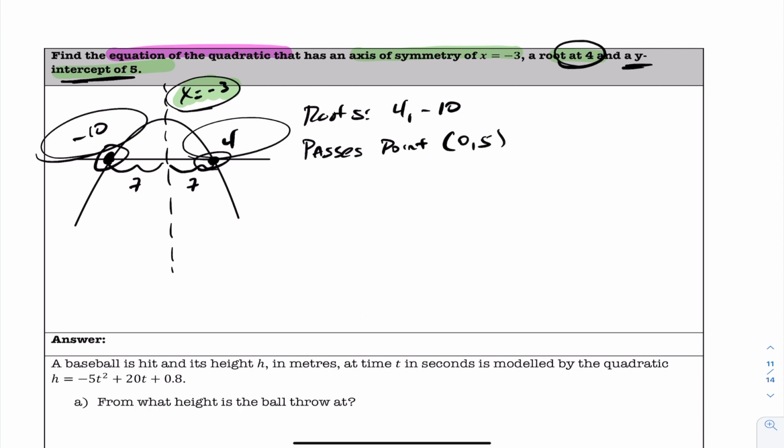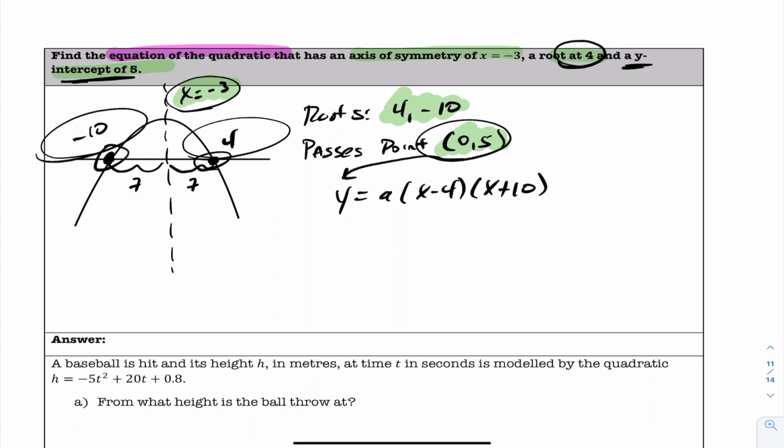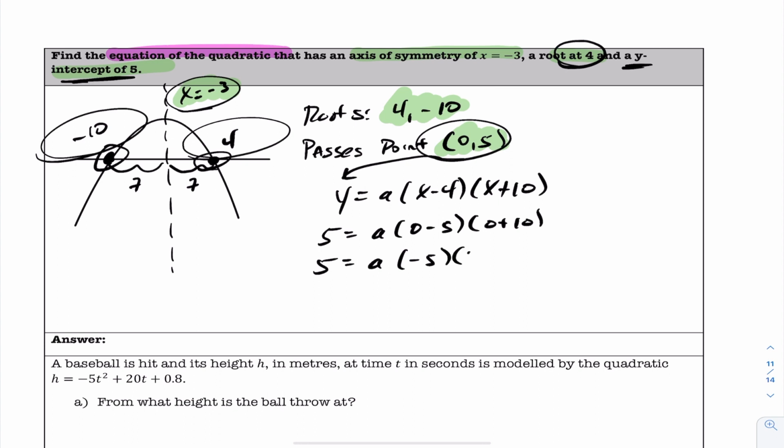So now this is back to an old question. I have two roots and I have a point, and I can find the equation of the quadratic. In this case here, we go to factored form. So now this will create a root at 4, and this will create a root at negative 10. I can now sub the point into here, so my y value is 5, and my x value is 0, and I'm getting 5 equals a times negative 4 times 10, and these will cancel here.